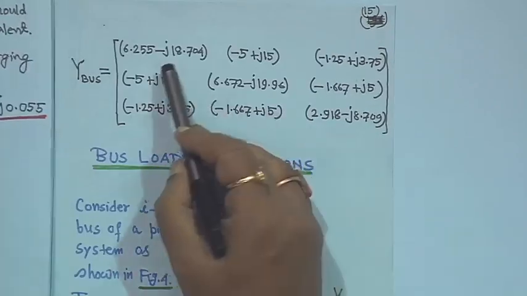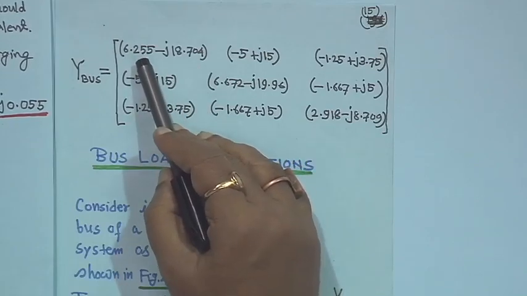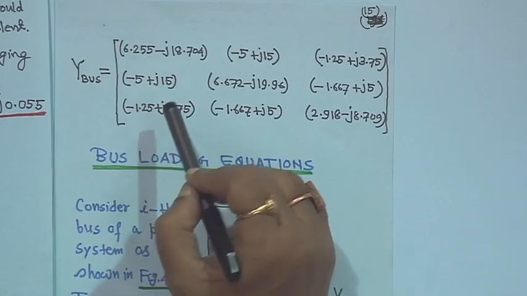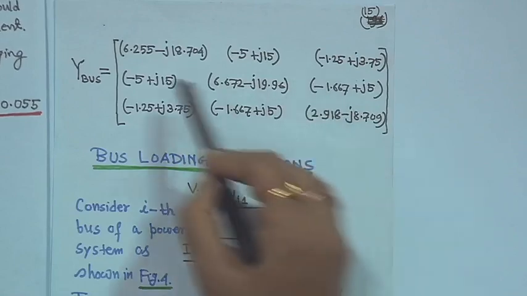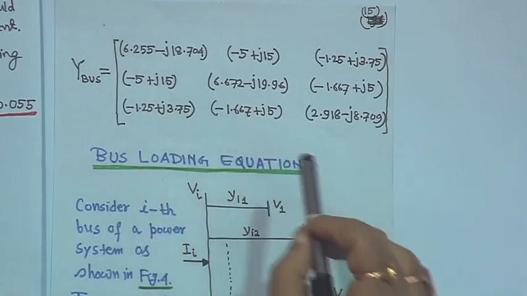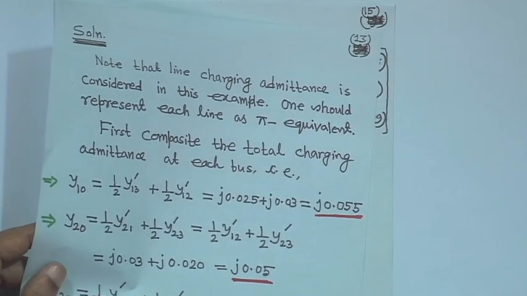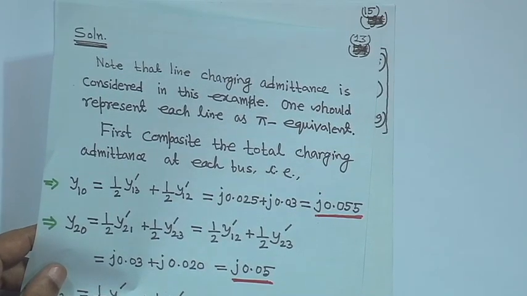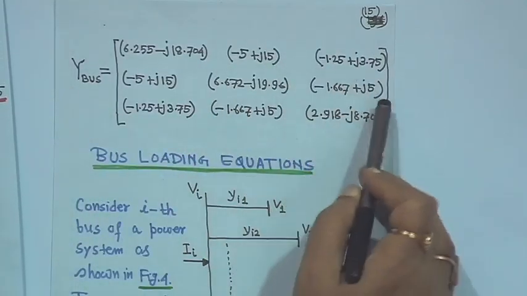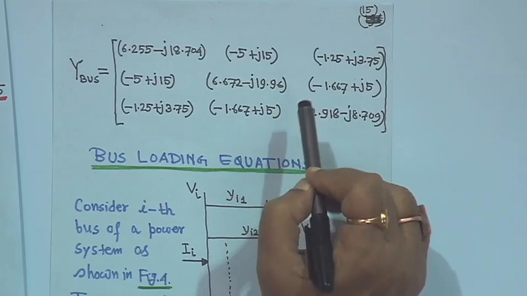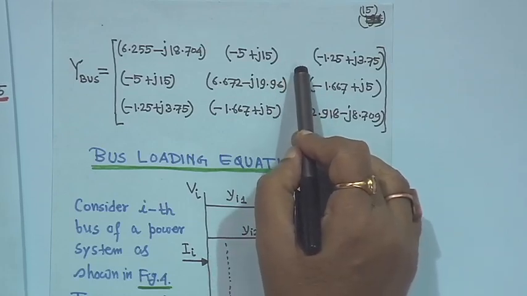So, if you add all these, the first is 6.255, and if you add all these things, then you will see that only the charging admittance will be left, all other things will be cancelled.